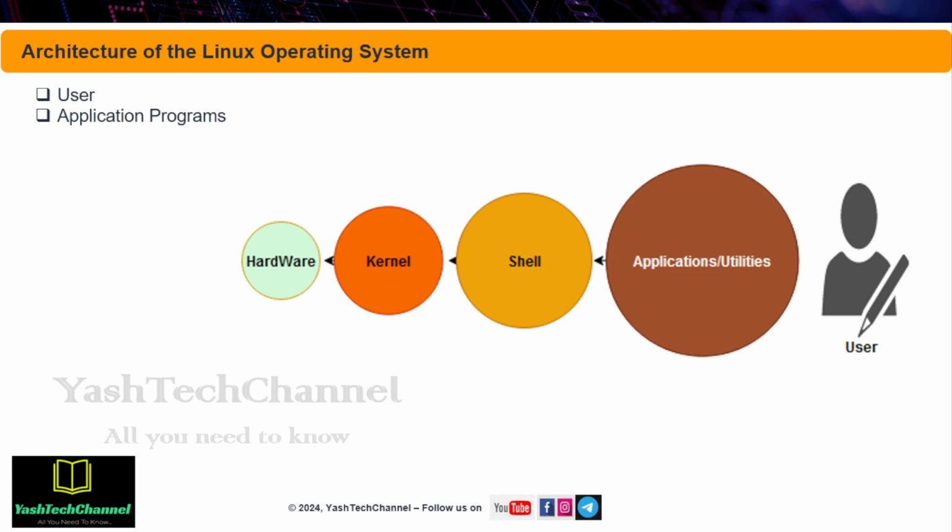The next one that comes into the picture, which is important, is the shell. The shell is a command line interface that allows users to interact with the operating system by typing commands. As a user, you connect to the server, and you are not sitting idle.